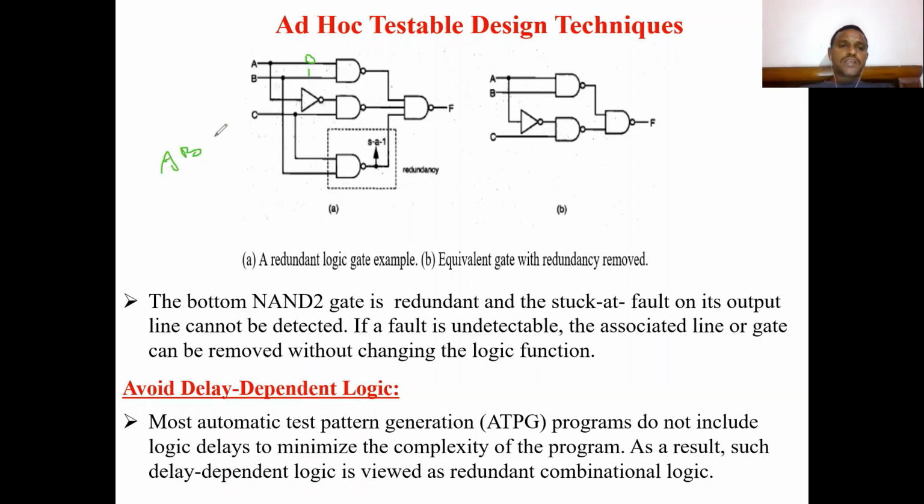A, B and C I am applying as 0, 1, 1. If I apply 0 and 1 to the NAND gate, I will get 1. Similarly here, if A is 0, I will get 1. At the same time, I consider C as 1, so the NAND gate output you will get is 0.